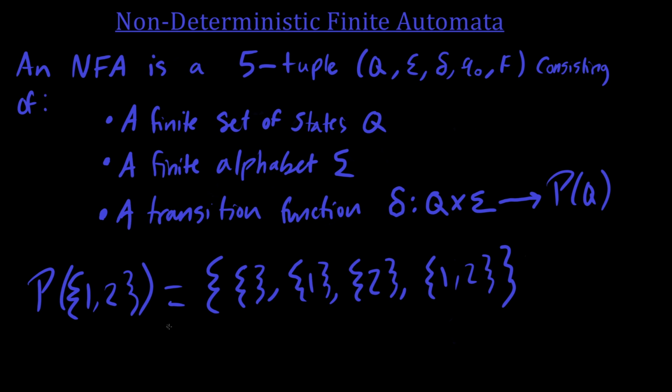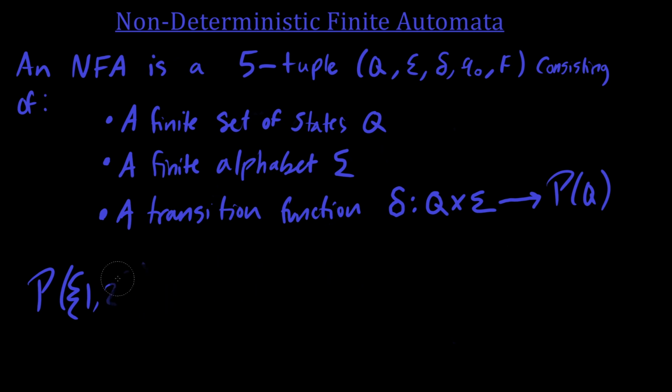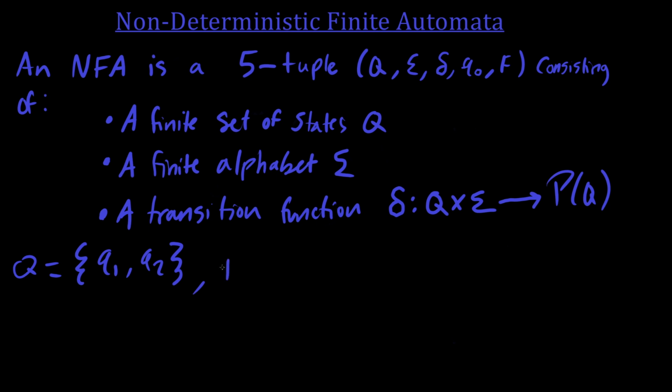So the reason why this power set thing allows us to have multiple transitions for the same character is because, well, let me actually go ahead and write out the power set of Q, and we can see why that's the case. So let's say that Q contains 3 states. Actually, that's going to take a while to write out. Let's say that Q contains 2 states. So we'll say that Q equals {Q1, Q2}. Well, what's the power set of Q?